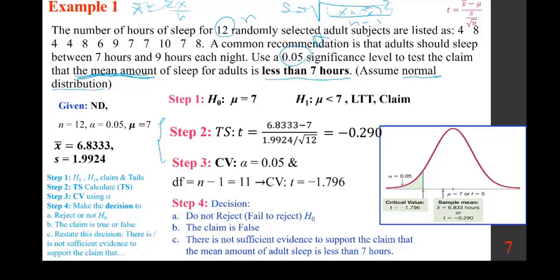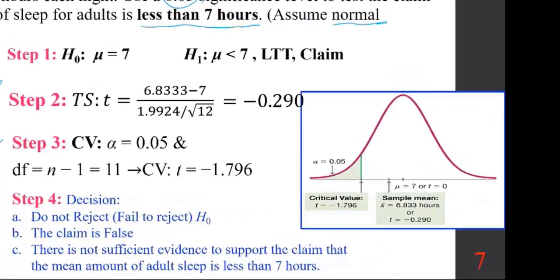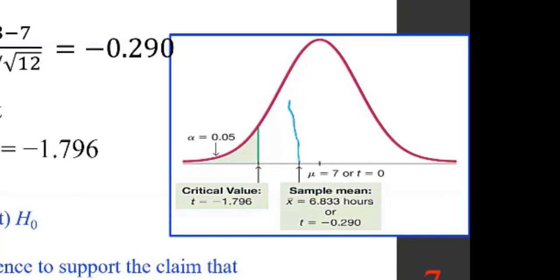Now, the p-value says, because it's a left-hand test, the area to the left of your test statistic, negative 0.290, would be considered your p-value. So what are we doing here? We are comparing two areas.